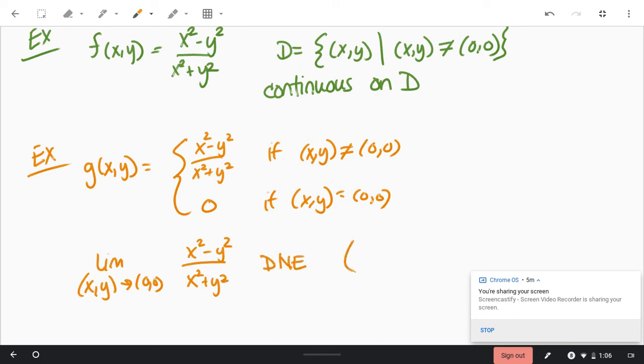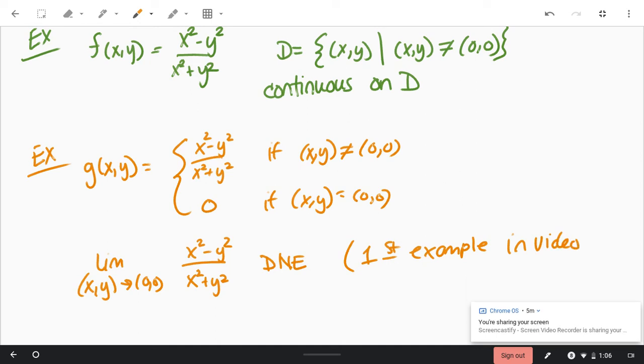I think that was the first example in video 1. So you can't just define it. Like, I put 0 there, we could just as easily put 8. So it doesn't work, because as we approach (0, 0), that limit doesn't exist.